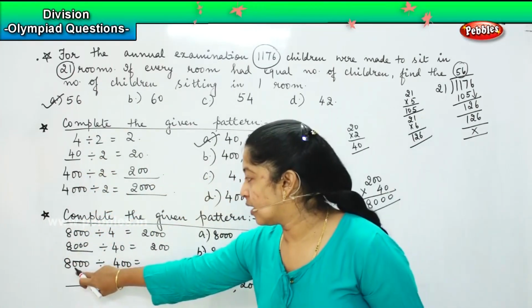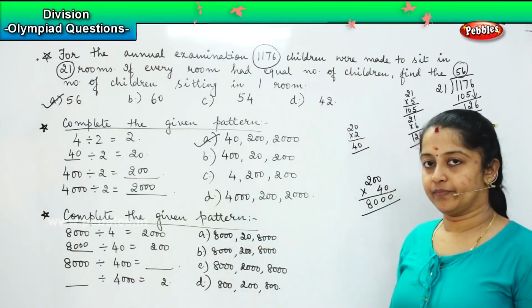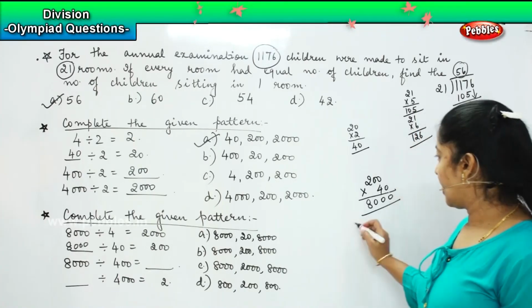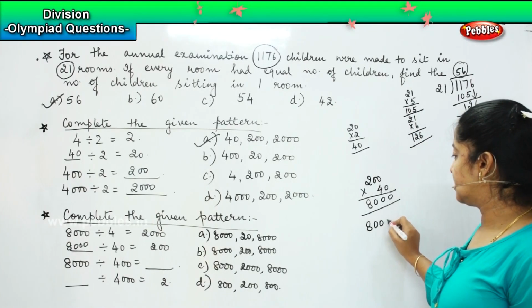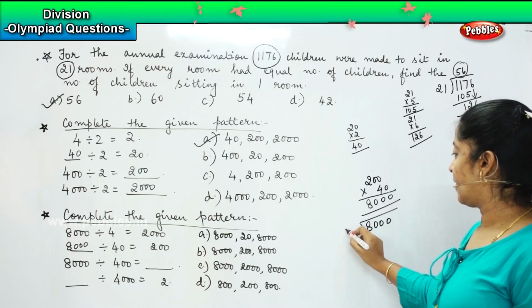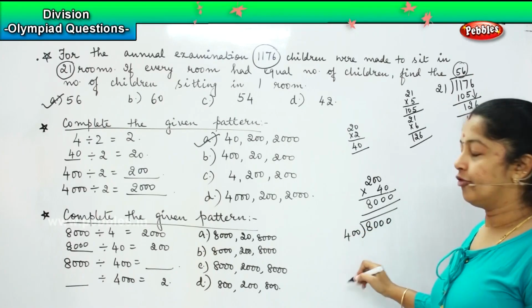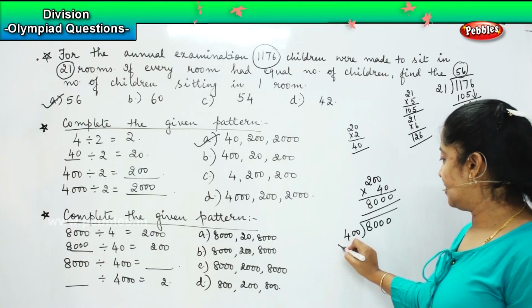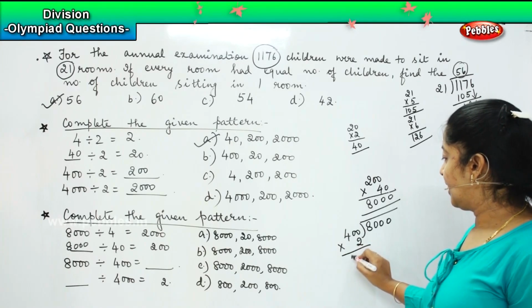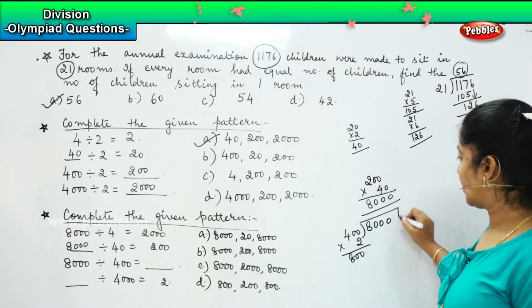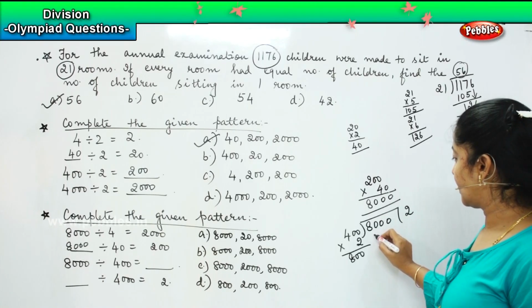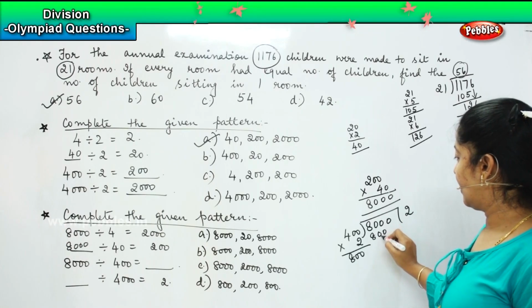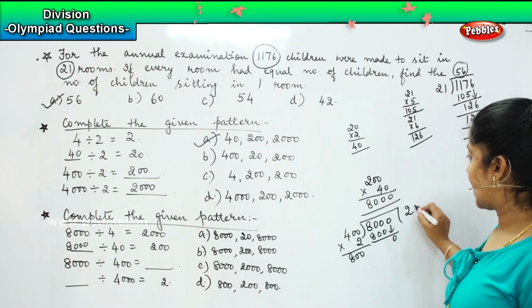Next, 8000 divided by 400 is how much? So again 8000 divided by 400. 4 ones are 4, 4 twos are 8, right? So if I multiply by 2, it gives me 800. So here 2 times it becomes 800 and this 0 is carried here.